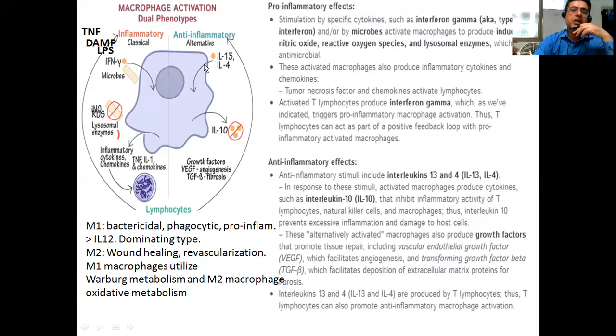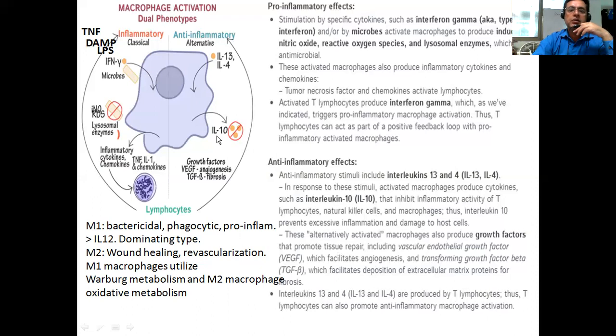When the macrophage comes in contact with these cytokines, it has got a message for this particular macrophage to be activated in a different way, in such a way that this leads to the production of interleukin 10. Interleukin 10 is an anti-inflammatory cytokine.